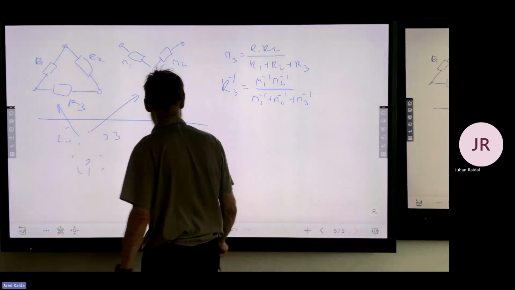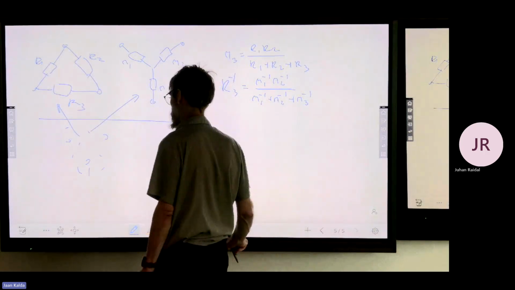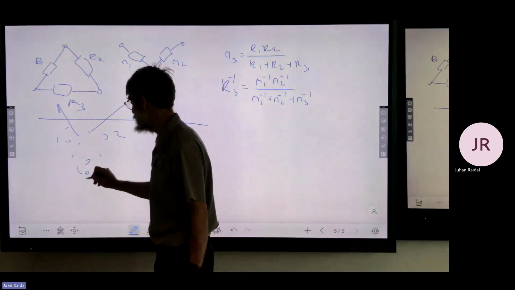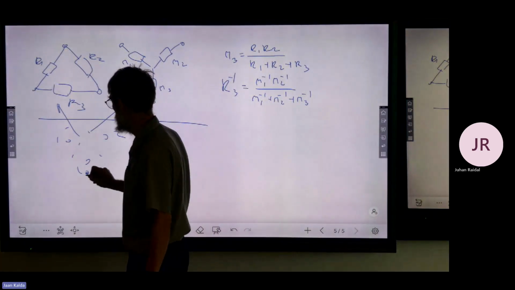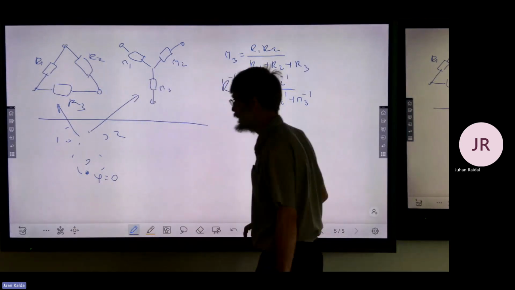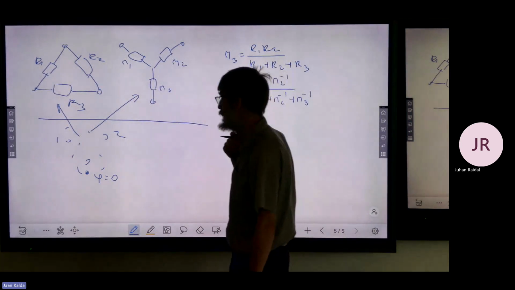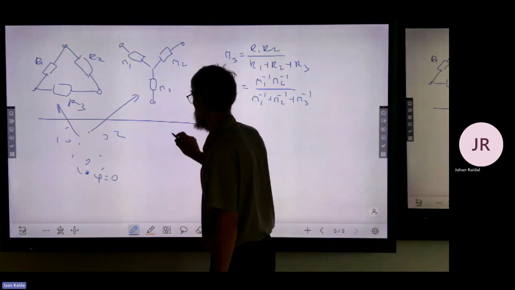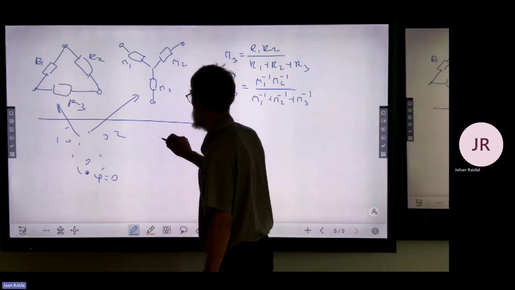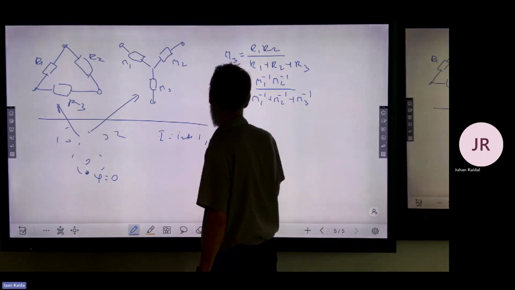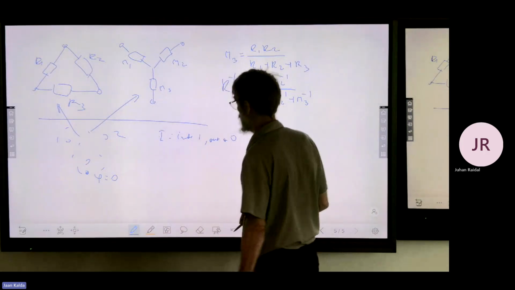Or maybe let us reduce it by 1, so 0, 1, and 2. And let us keep the voltage regulated here, voltage 0, right? And then we let in current to 1 and take it out from 0. So current I into 1 out of 0 is the first case.